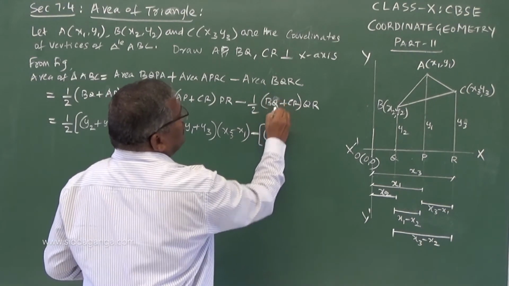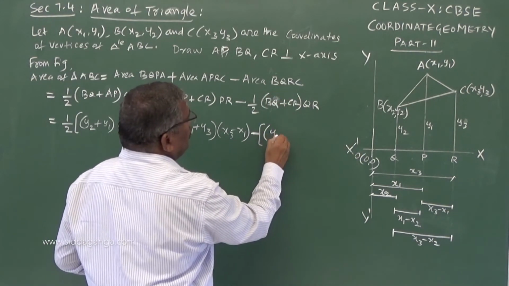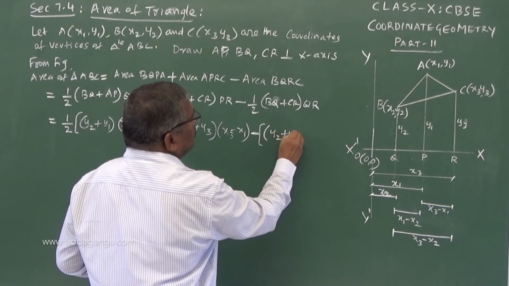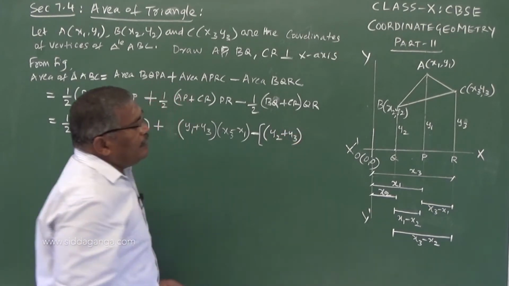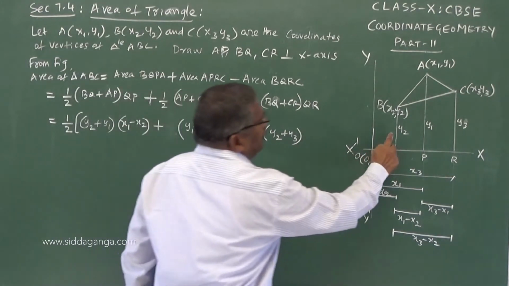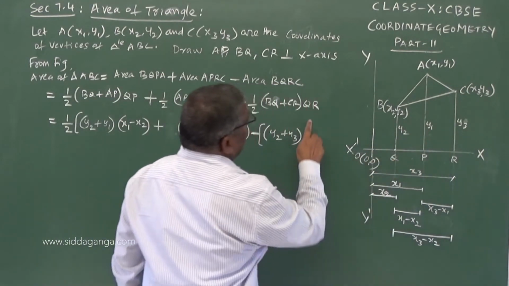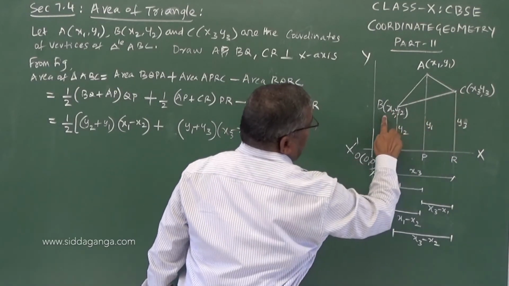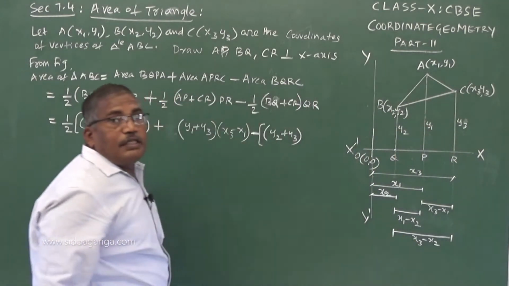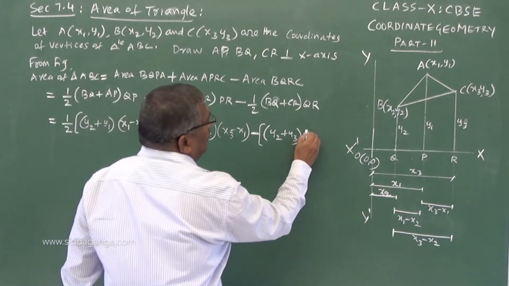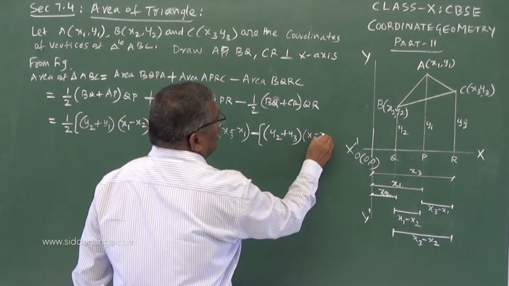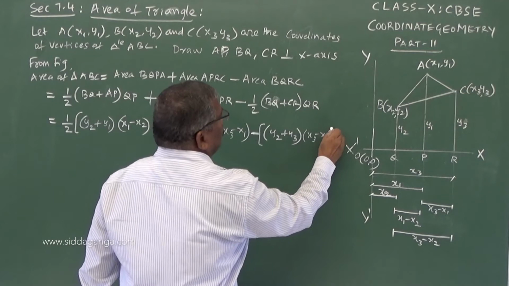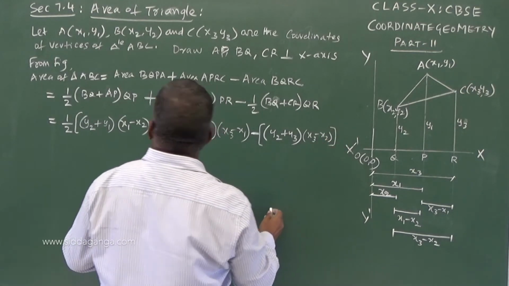BQ is Y2, CR is Y3, the first one and the last one, plus QR is this X3 minus X2. I have written in the bottom X3 minus X2. So close the bracket.